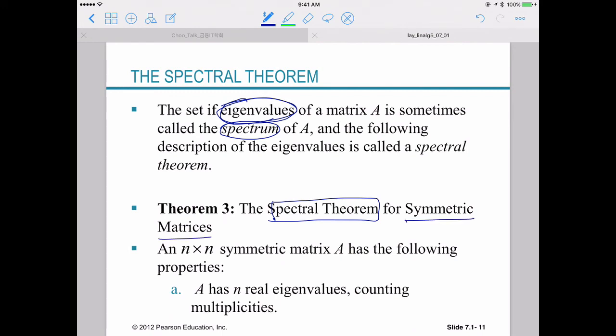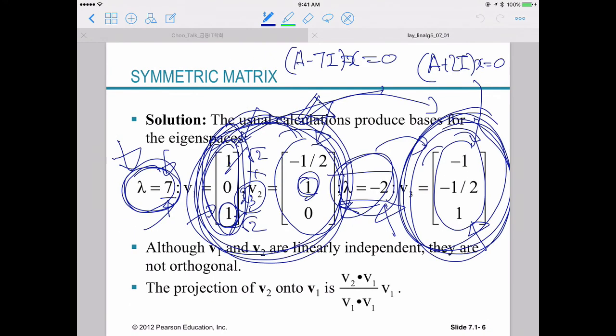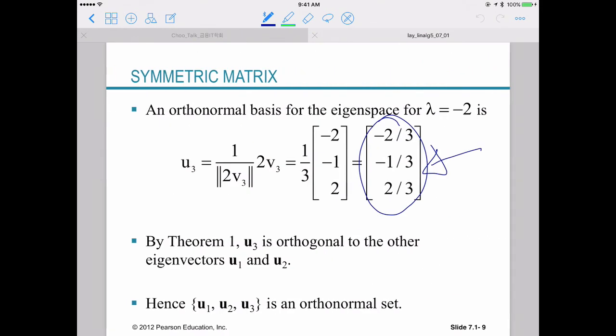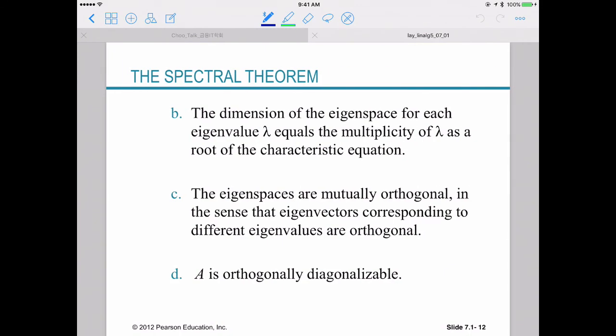Okay, so now we have a third theorem, but it's not actually a new theorem. It's a few detailed theorems that allow us to obtain this conclusion. This theorem has 4 elements, A through D, and D is saying A is orthogonally diagonalizable.